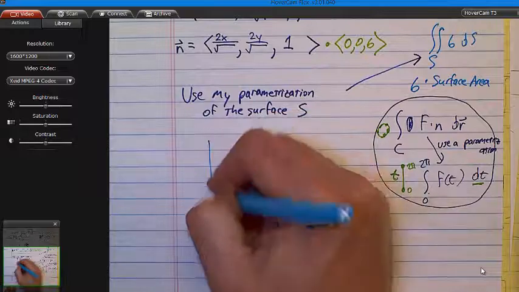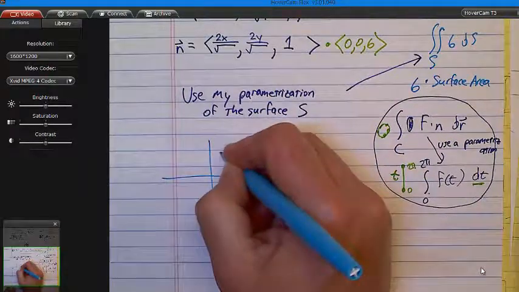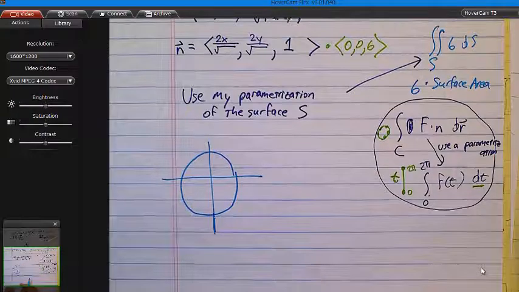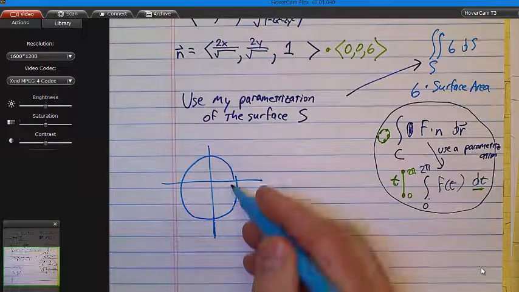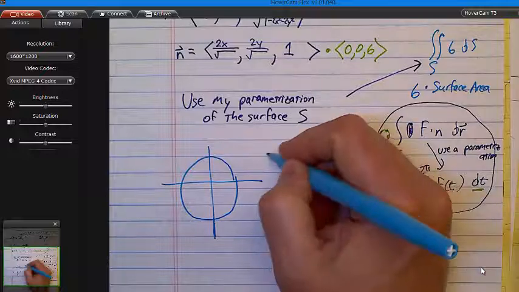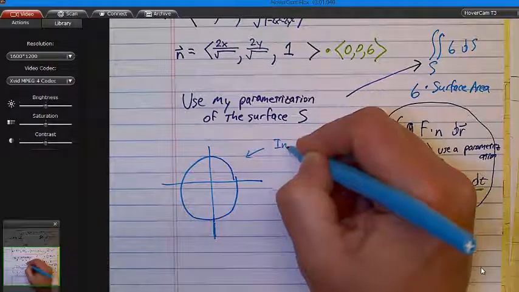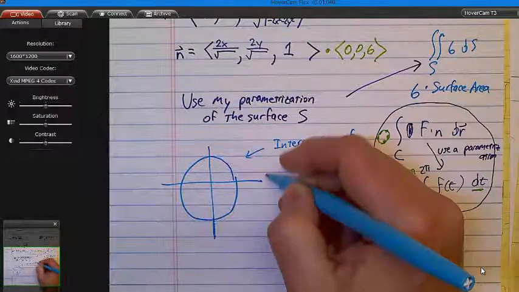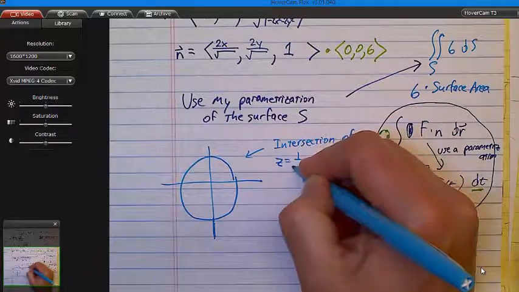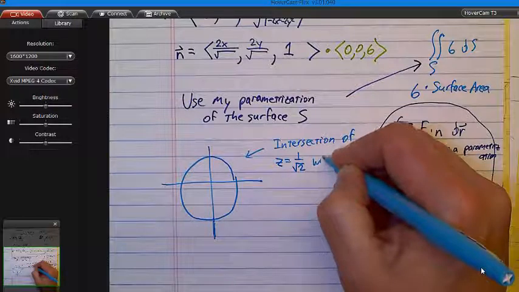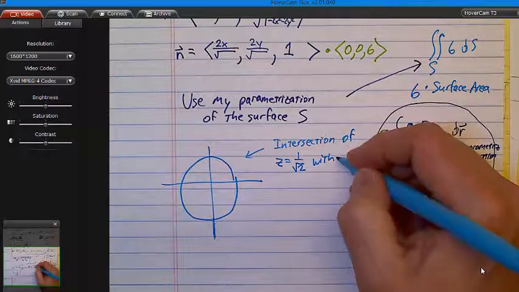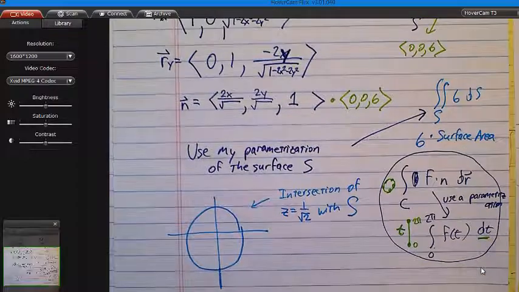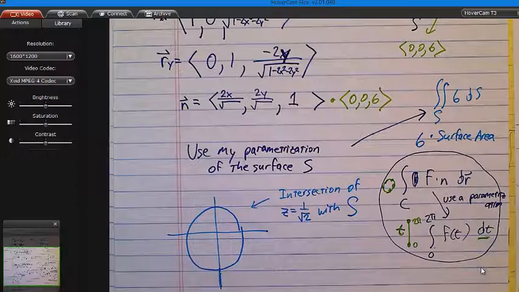So it's a circle, and the circle is the intersection, right? This was the intersection of z equals 1 over the square root of 2 with S, the surface, right? So if I want to ask, well, okay, what does that look like?